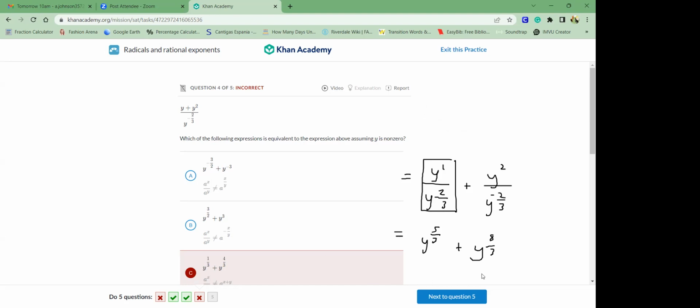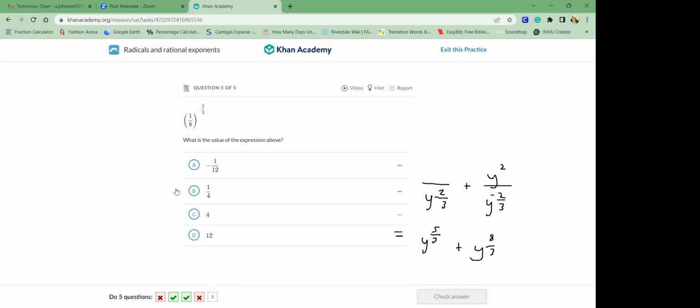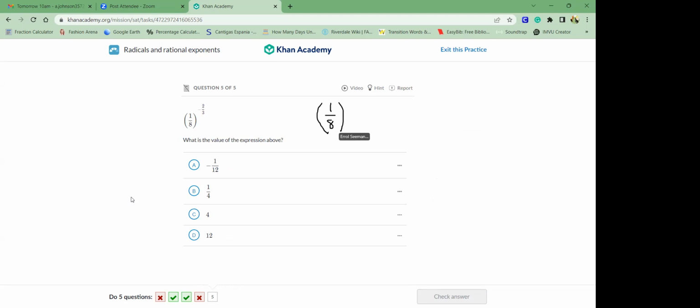All right, let's go to the next question. Okay, what about that one? What are we going to do with that one? 1 over 8 to the negative 2/3, right? Okay, so the negative 2/3 goes to both numbers.